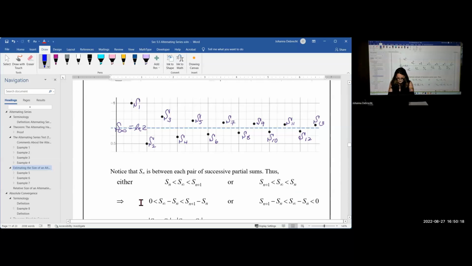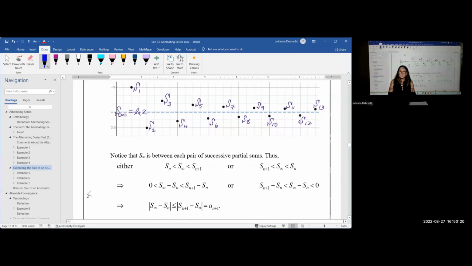Now, notice that S infinity, which is that blue dashed line here, is always in between each pair of successive partial sums. So it's between S1 and S2, between S2 and S3, between S3 and S4. But it's not always clear which one is on top and which one's on bottom.